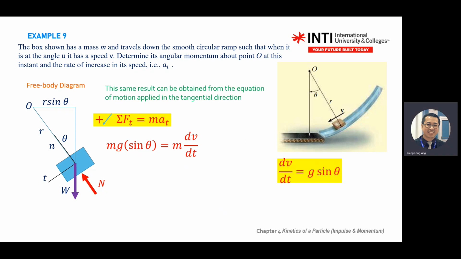So here you can cancel m. Still you get dv dt equal to g sine theta. This is a second approach if you use F equal to ma, chapter 2 equation. You can prove the one that you proved just now. You use a relationship of all the moment equal to the rate of change of your angular momentum. Okay, there are two ways.